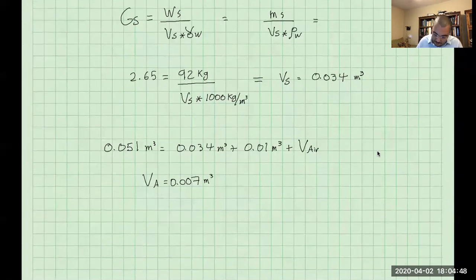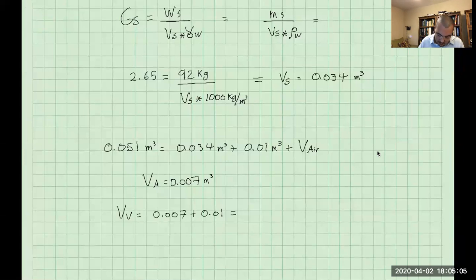Now with that, we can find simply the volume of voids, which is equal to the volume of air plus the volume of water.